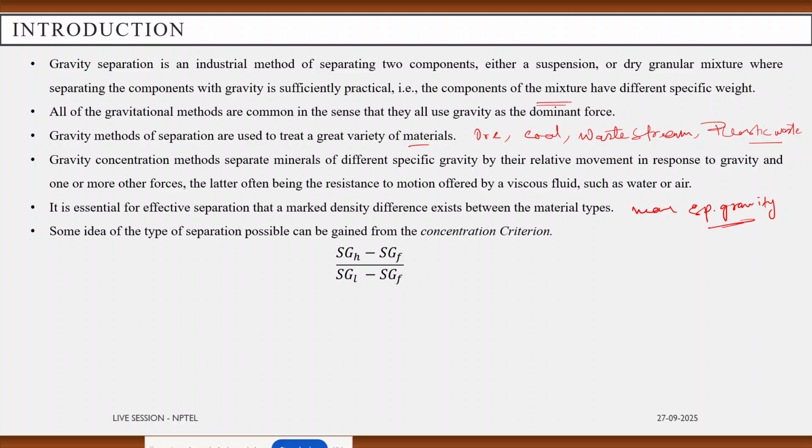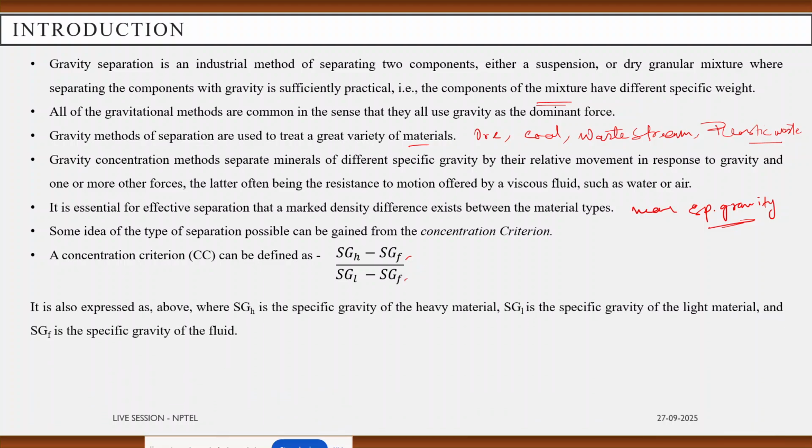Another concept here is the concentration criteria. The concentration criteria is defined as Cc = (SG of the heavy material minus SG of the fluid or medium) divided by (SG of the light material minus SG of the fluid).